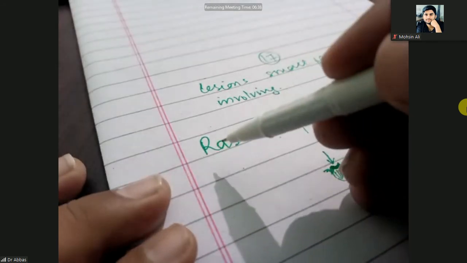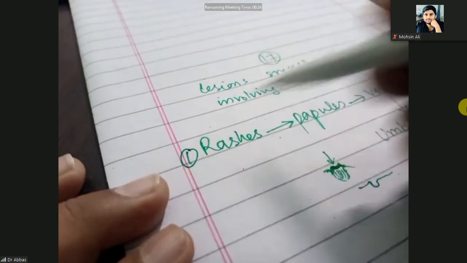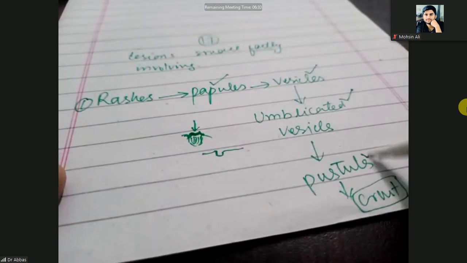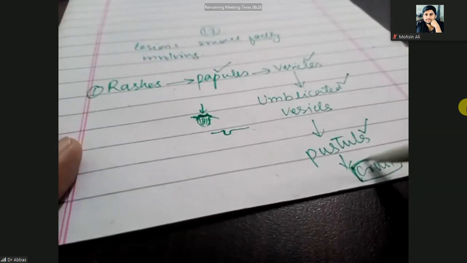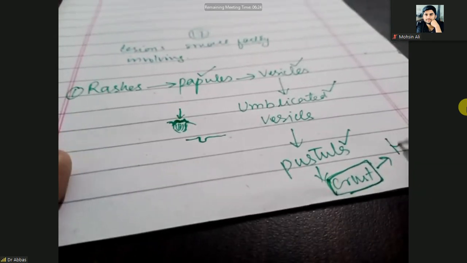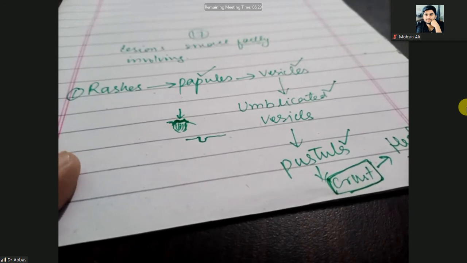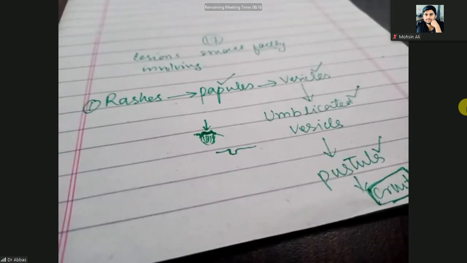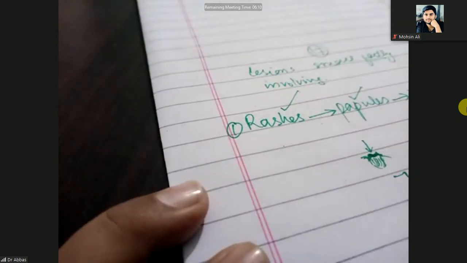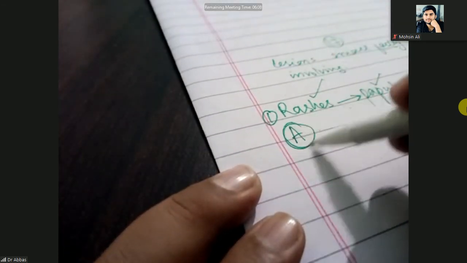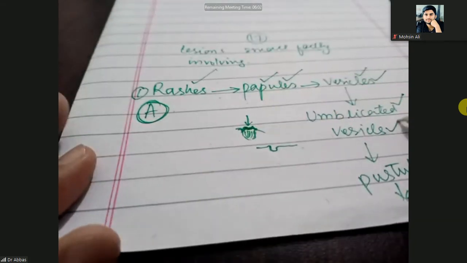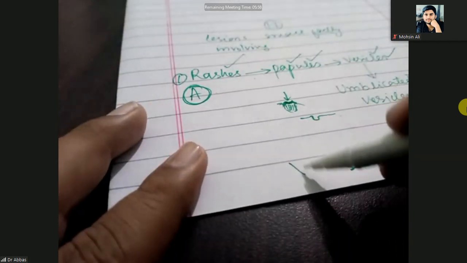They start 2 to 3 days after fever: rashes, then papules, then vesicles, umbilicated vesicles and pustules, then finally crusting. Crusting means they are going to heal.